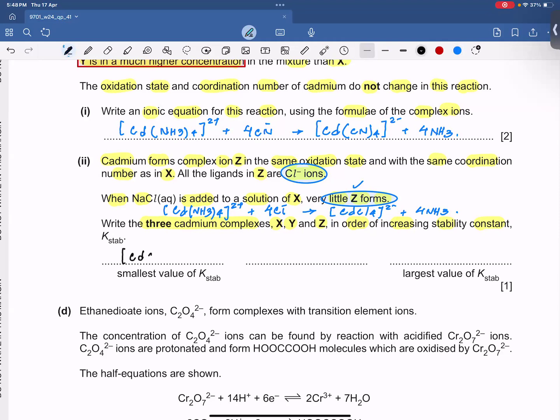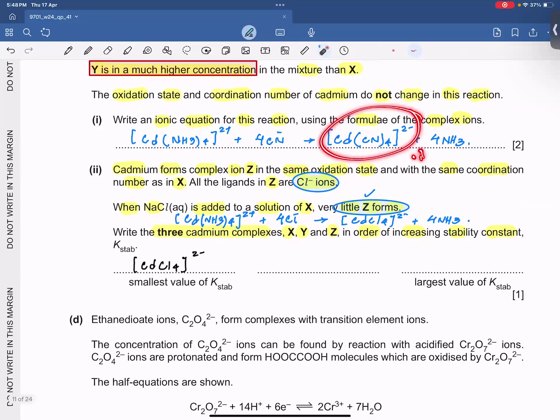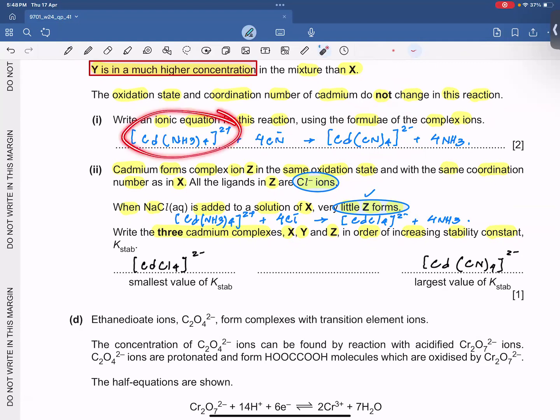Obviously, this complex has a higher concentration, so its stability constant value is the highest one. And obviously, this complex is more stable than the chloride one.